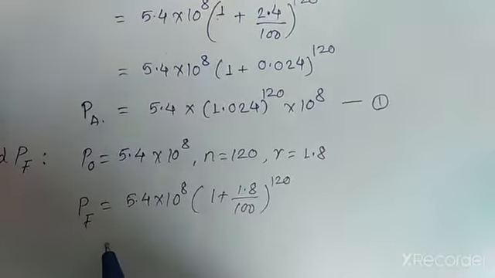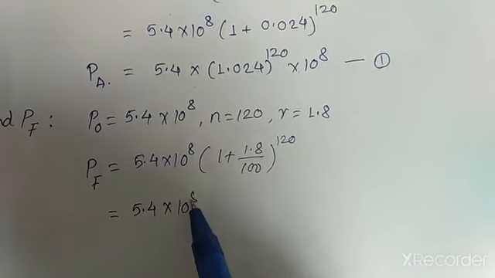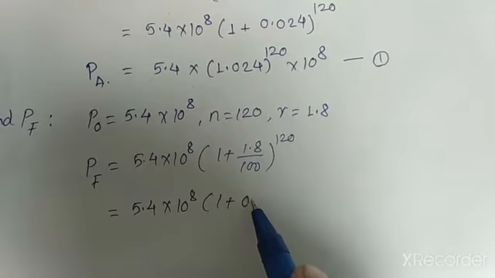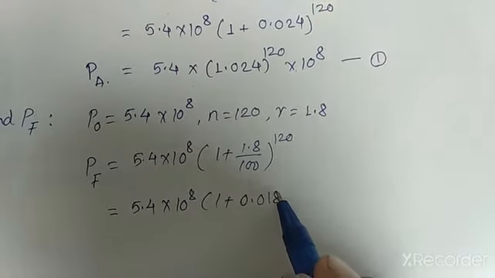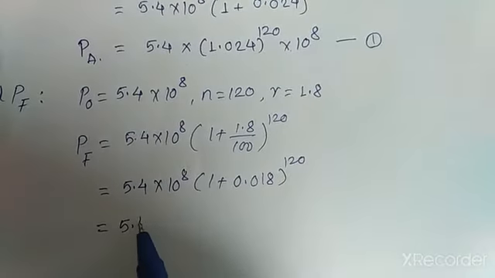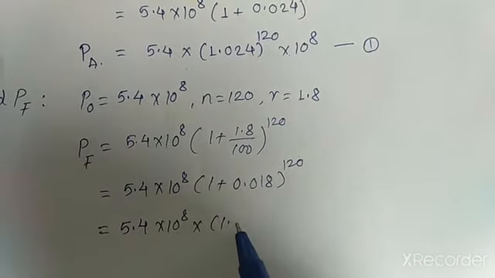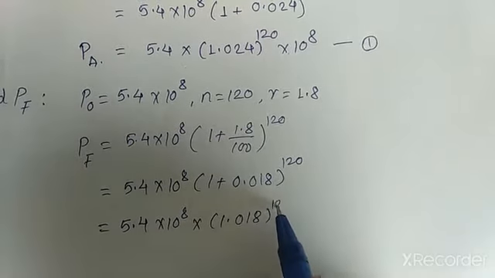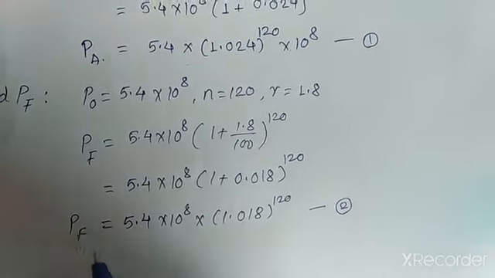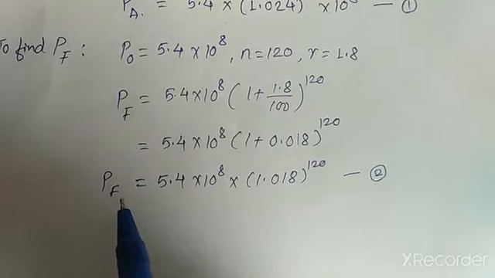So again it can be written as 5.4 into 10 raised to 8 into bracket 1 plus 1.8 upon 100, which is 0.018, raised to 120. Which can be written as 5.4 into 10 raised to 8 into 1.018 raised to 120. Equation number 2, which is the population of France after 120 years.